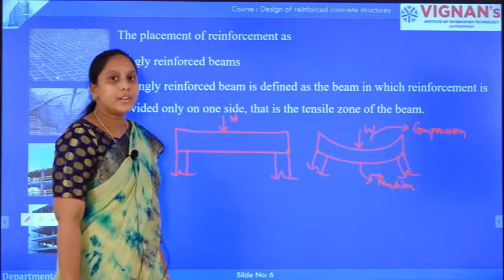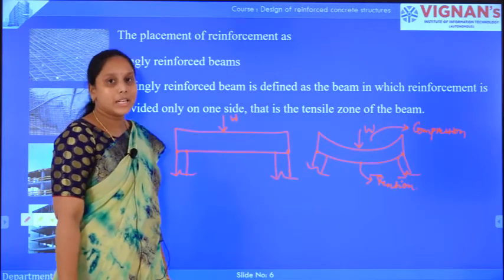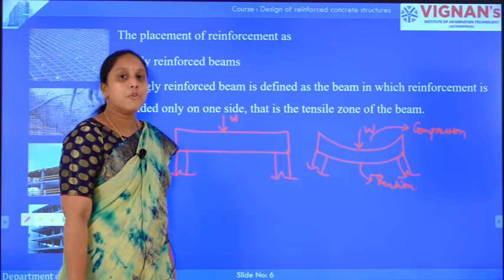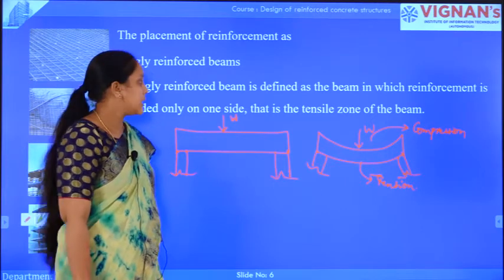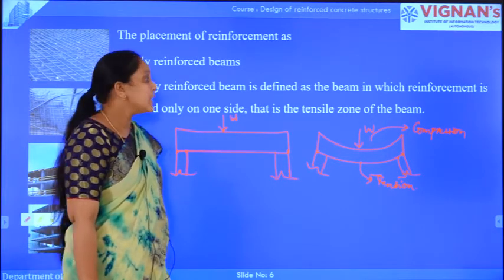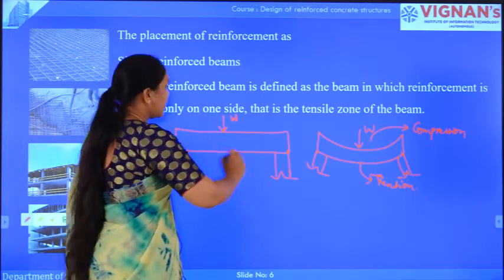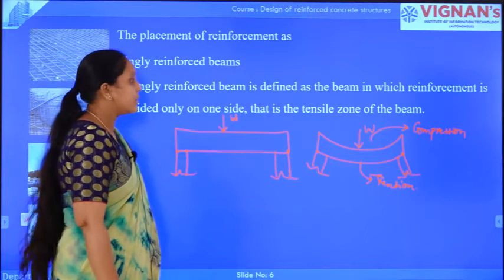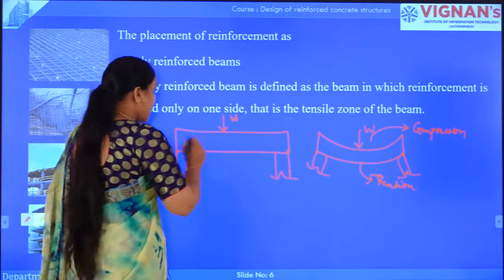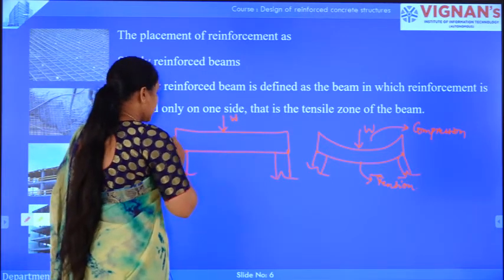So, what is a singly reinforced beam? In a singly reinforced beam, the reinforcement is placed in the tensile zone of the beam. For this particular simply supported beam, what is the tensile zone? This part is the tensile zone.